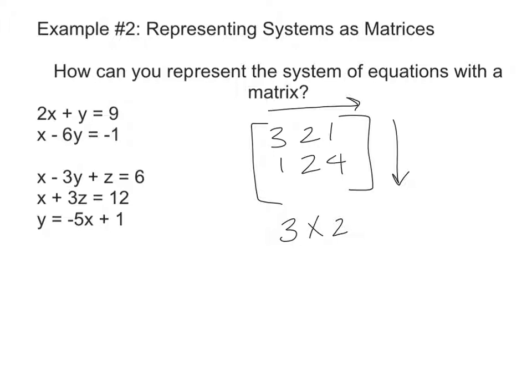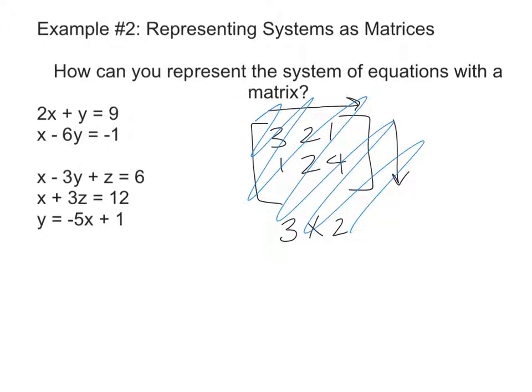So when we write a matrix, we would have an X, Y, and then our answers go on the end. This would also line up and be X, Y, and then whatever the number is.